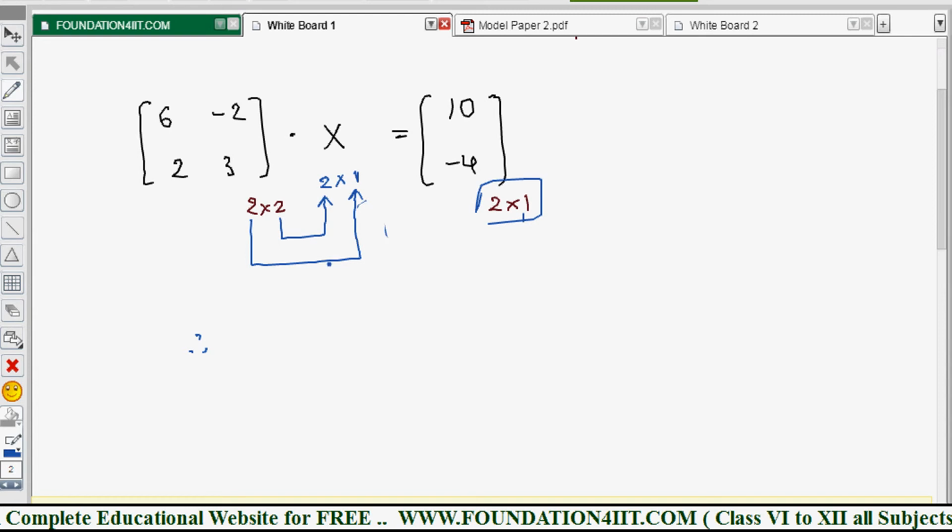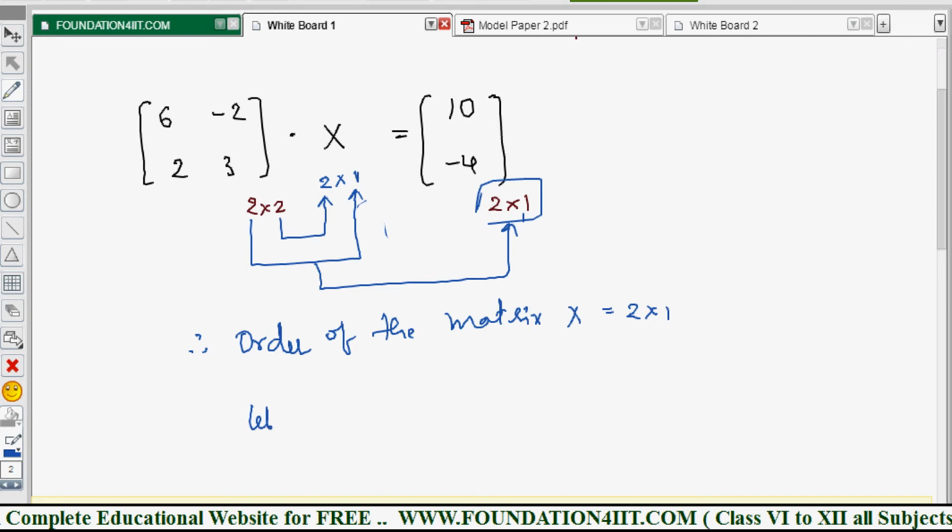Whatever the result, that should be equal to this order, that is 2 by 1. That's why you can take 1. Therefore, the order of the matrix X is 2 rows, 1 column, so 2 by 1. You have to read it in terms of maths.